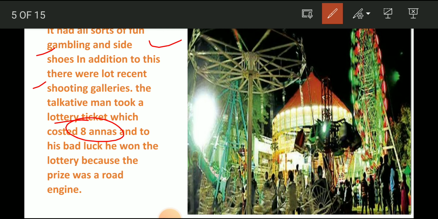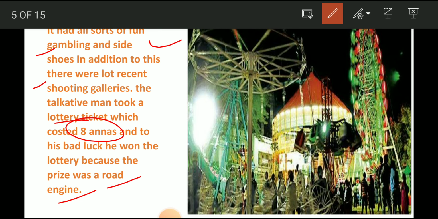And to his bad luck, he wins a road engine as the prize. He is both happy and sad, but he didn't know that he would have to face so many consequences because of the prize. When we win a prize, we'll be happy, but instead, this creates a lot of problems for him. Let us see what he does.